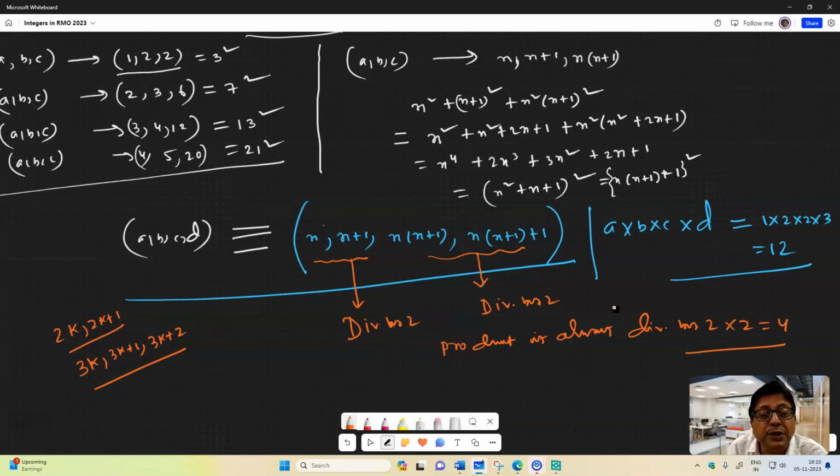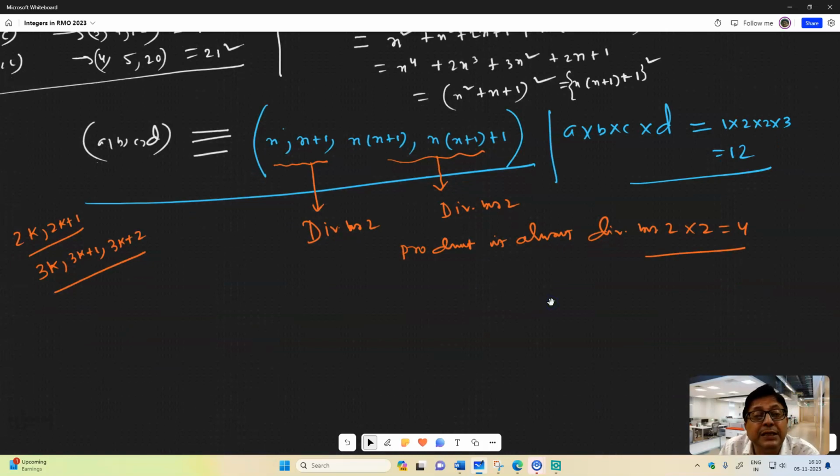Because there are two consecutive integers, there are also two consecutive integers. So the product is always divisible by 4. So one factor of ABCD, if we use a little bit of sense of integers, one factor of ABCD is always 4. But here ABCD's least value, we got 12. This is justified if we prove that this product is divisible by 3 also. Let us see whether it will be divisible by 3 also.